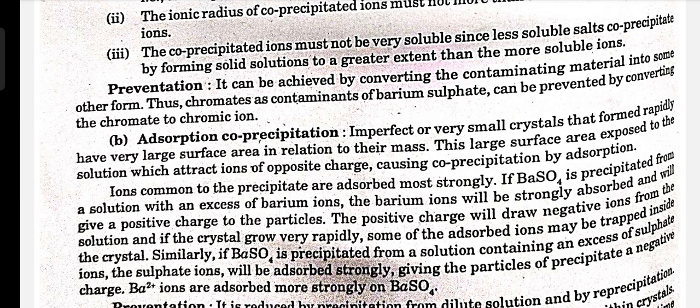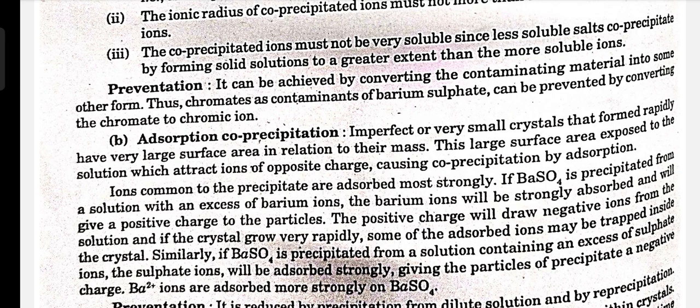If BaSO4 is precipitated from a solution with an excess of barium ions, the barium ion will be strongly adsorbed and will give a positive charge to the particle. The positive charge will draw negative ions from the solution, and if the crystal grows very rapidly, some of the adsorbed ions may be trapped inside the crystal.